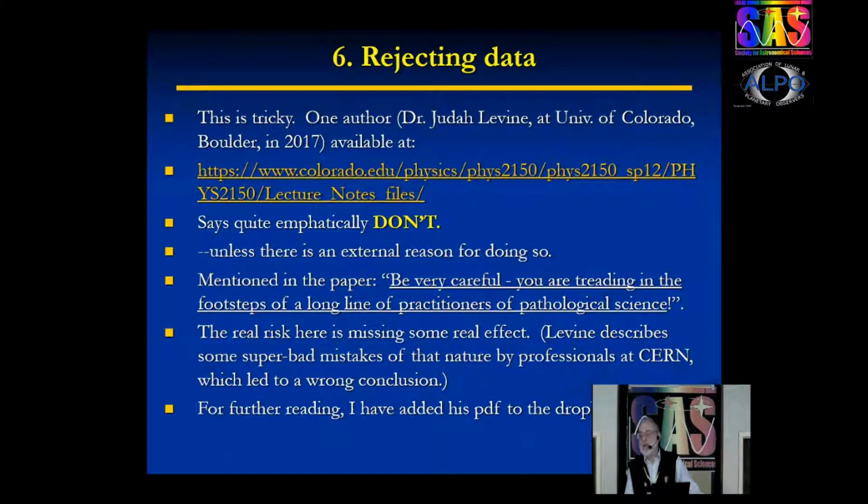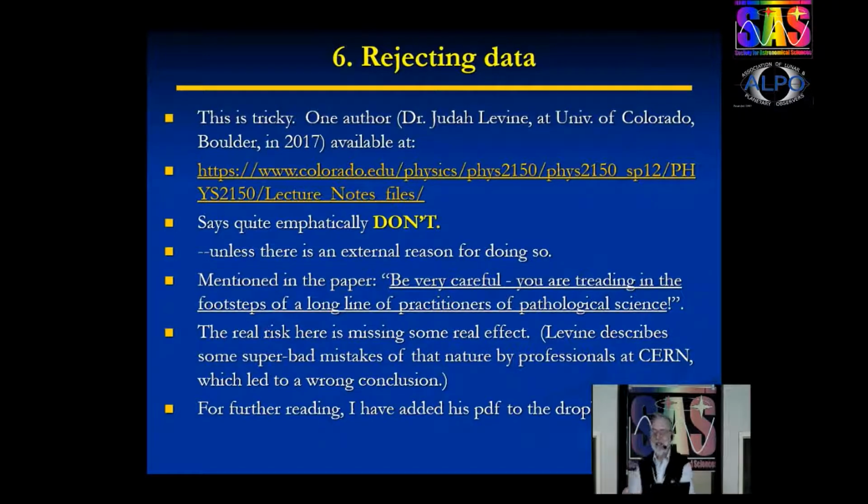They actually rejected some data that was real, and they came to a wrong conclusion. And these guys are the pros. These guys should know better. And they did that, and they came to just a very bad conclusion. So I recommend reading about that. It's quite interesting. So it gives you pause about rejecting data.